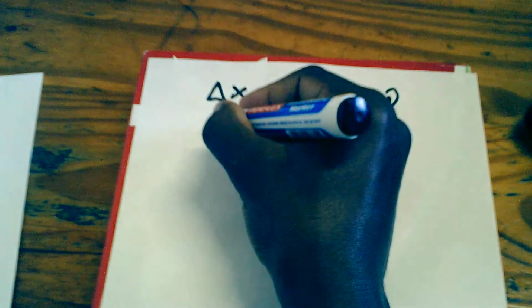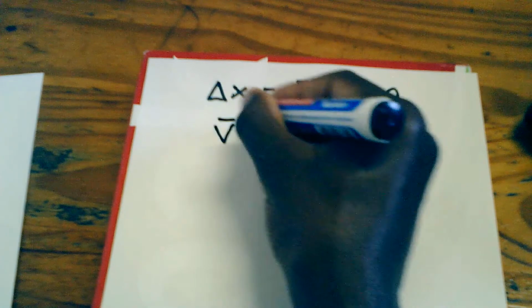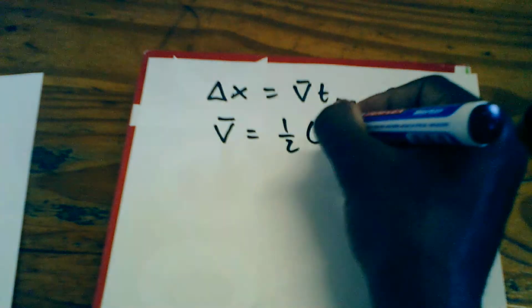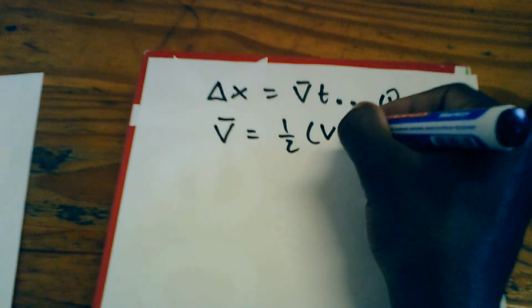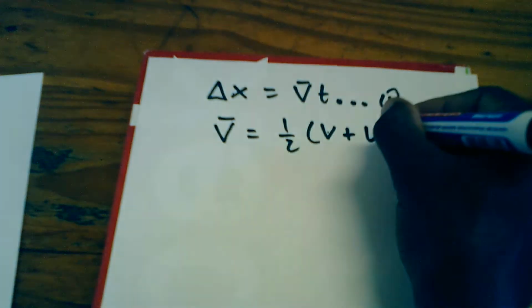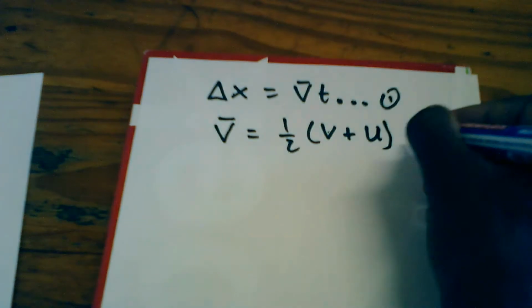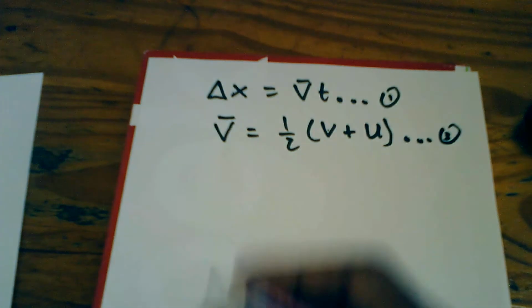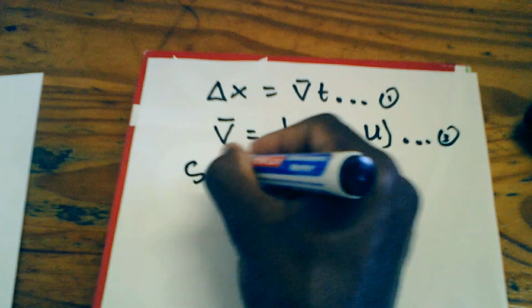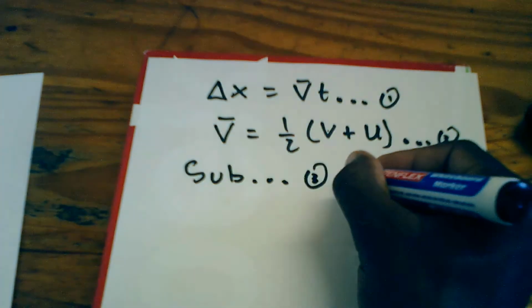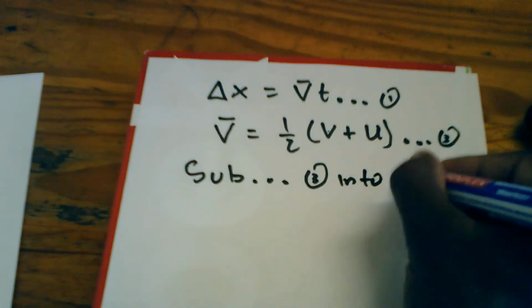And equation 3 says that the average velocity is equal to 1 over 2 of the final velocity plus the initial velocity. This was our equation 3. So now we substitute equation 3 into equation 1.